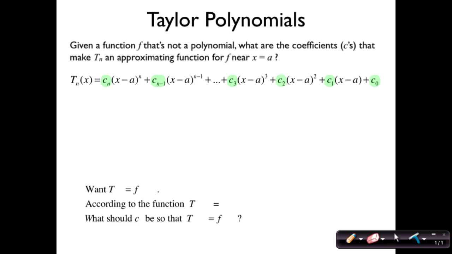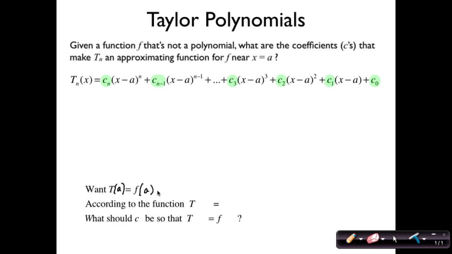All right, first we're going to look at this as the general Taylor polynomial. And we're going to start with the easiest situation, which is we want our Taylor polynomial at a, what do we want that to equal? F at a, right?